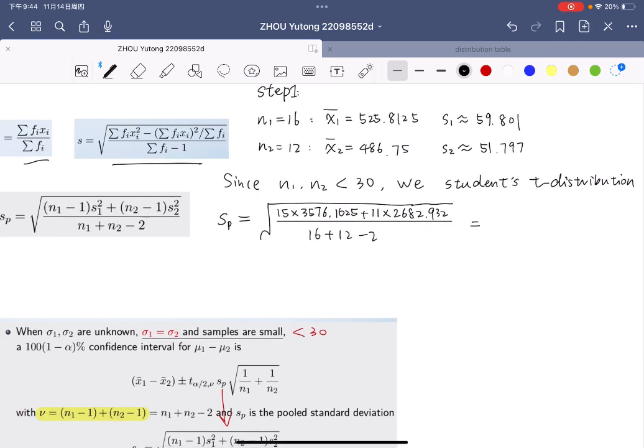And we get the SP to be approximately 56.55.